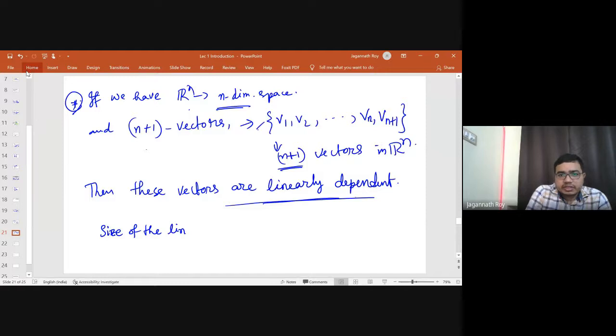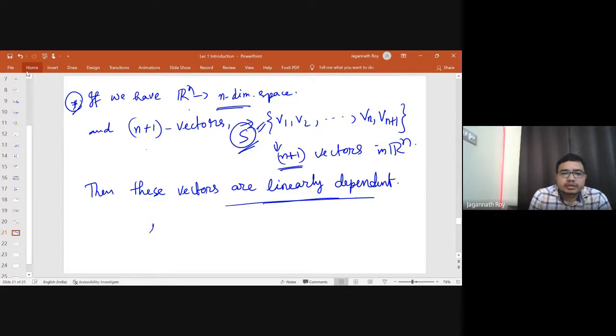For example, let us call S a collection of vectors, and consider the number of elements of S.